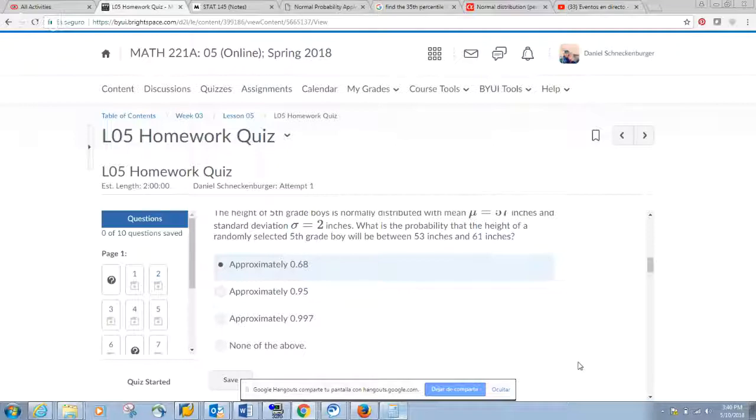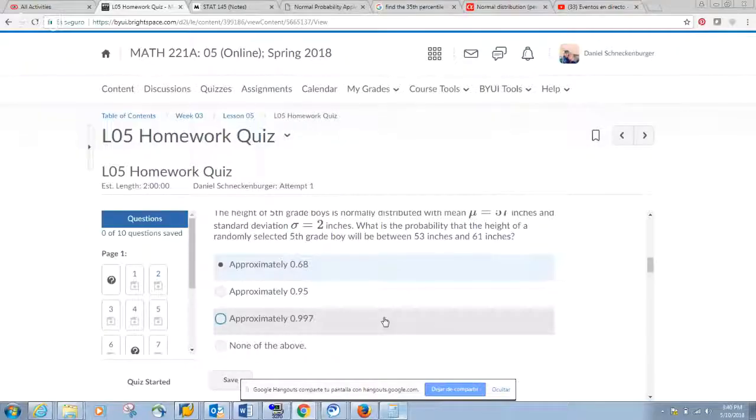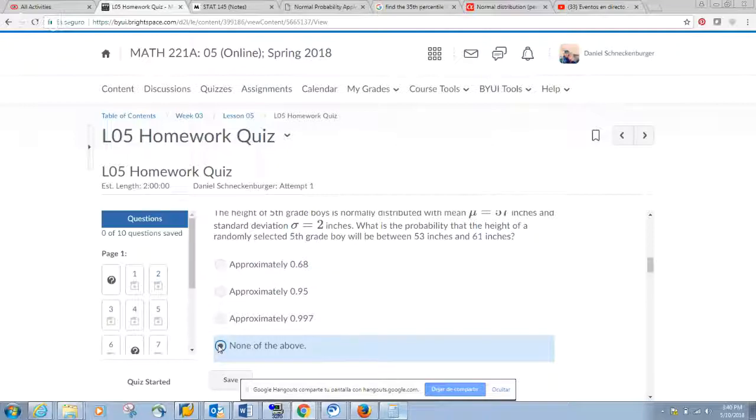And then I think it'd be 95% because it'd be 2 standard deviations on either side. So it would be none of the above. Yeah, because you have to subtract and add the standard deviation of 2. Well, it'd be 0.95, because it's 2 standard deviations on either side.